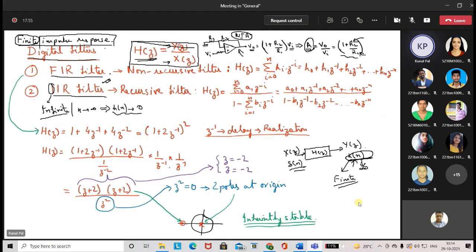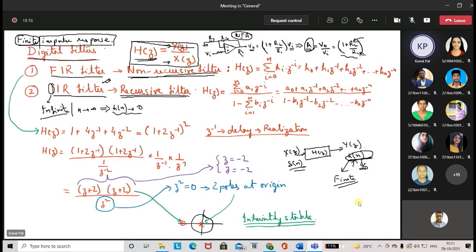IIR filters are also regarded as recursive filters, and FIR filters are also regarded as non-recursive filters. Why is it called a recursive filter? Because it has a feedback loop.